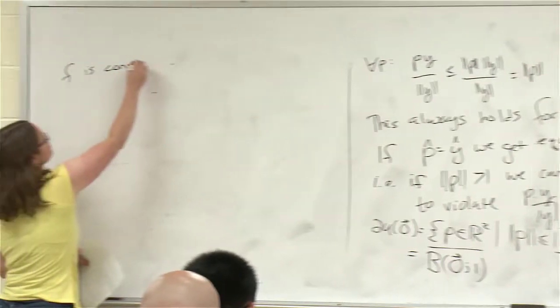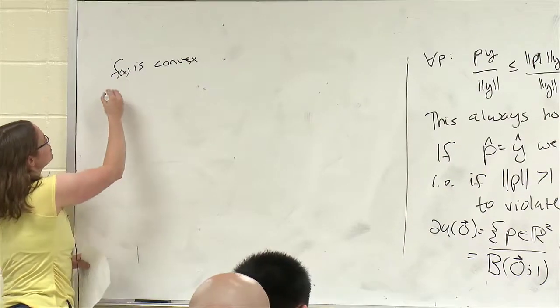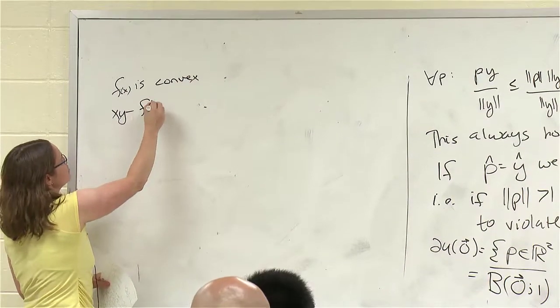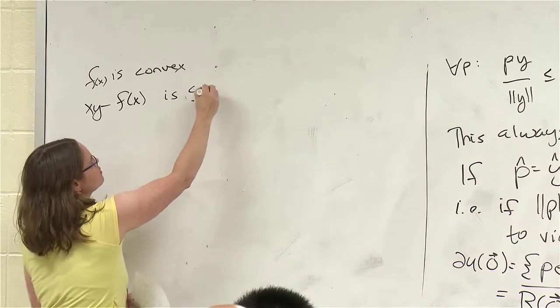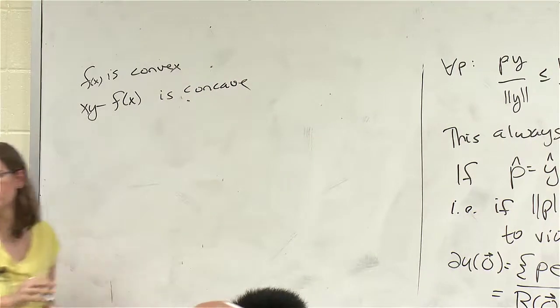Okay, so f is convex. That means xy minus f of x is concave. It makes sense to maximize it.